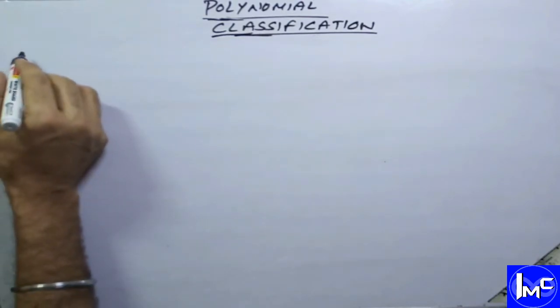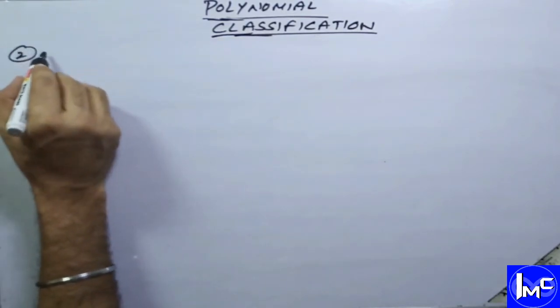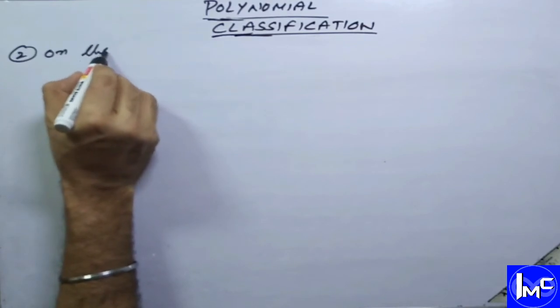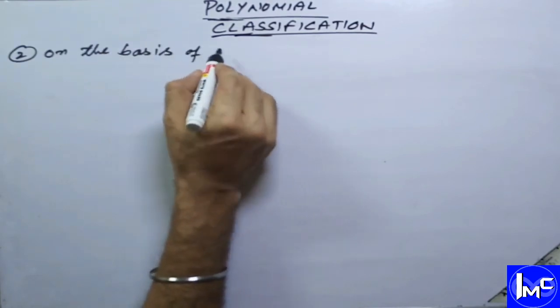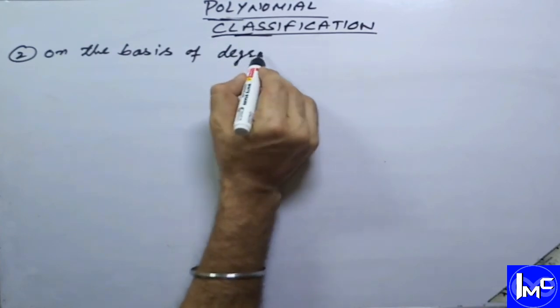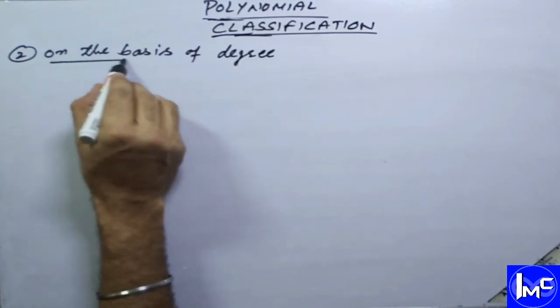Now we are going to discuss the other aspect of the classification of polynomial, that is on the basis of degrees or on the basis of orders, powers, etc. Second type is on the basis of degree.